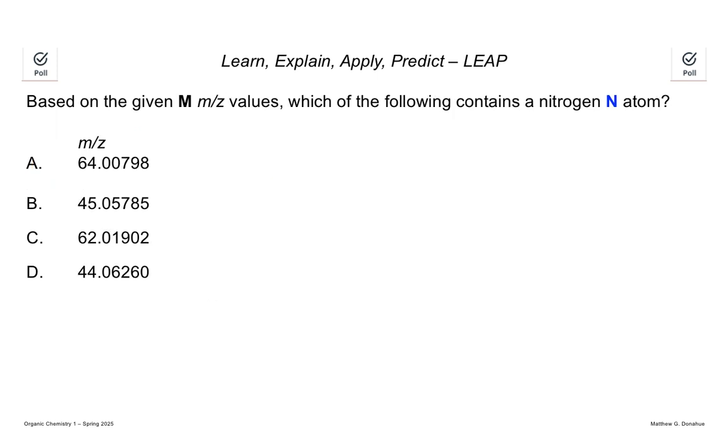So now, the data you're looking at for this problem is actual masses, the m/z, the x-axis value. So given these weights, which one would contain a nitrogen atom? So it would be B, because that's an odd mass.